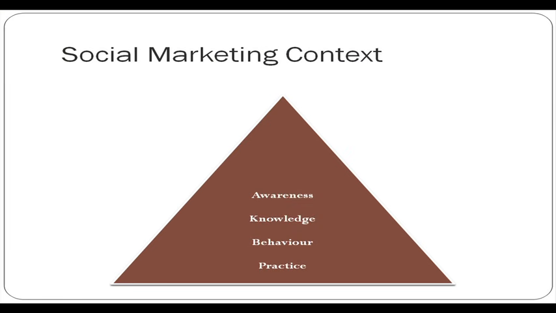Now, we talk about what happens in the case of a societal marketing context. In a societal marketing context, for example, a polio vaccination campaign is going on or an anti-HIV campaign is going on. At that time, the model follows an AKBP kind of structure, which says that first the customer should be aware about it.